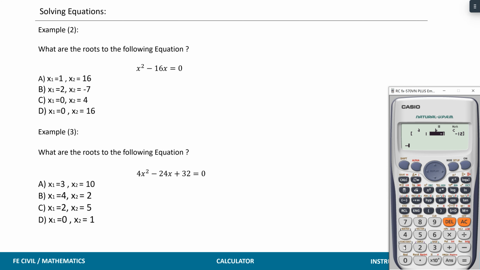I'm going to insert -16, and for the last one, there is no constant term here, so it's 0. I'm going to press equal. So x1 is equal to 16, and x2 is equal to 0, which is solution number D.